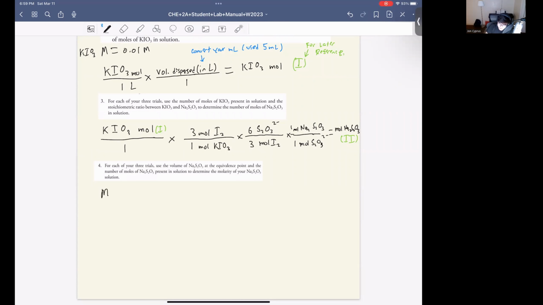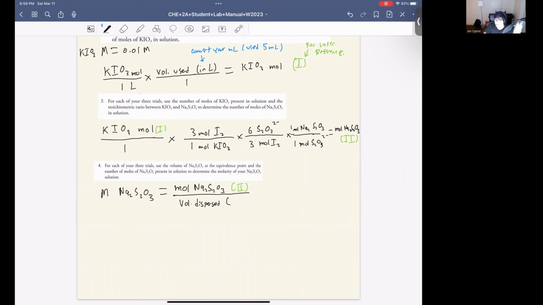The molarity of this sodium thiosulfate solution is equal to the moles of sodium thiosulfate that you got from step 2 over the volume used. I'm actually going to change the word here. Volume used, I think, is better.